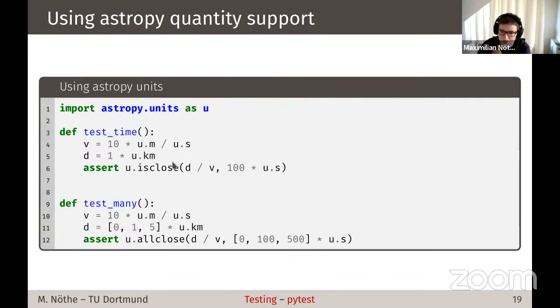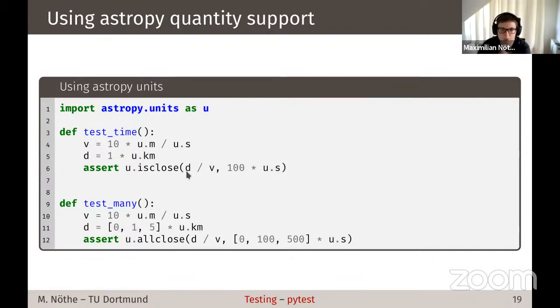And then we can make sure that if we divide the distance by the speed, we get the correct timeout in seconds here. And even if this is using kilometers and meters per second, AstroPy will, before comparing the values, transform all the values into the same units and then make sure that these are actually close with respect to the floating point precision.